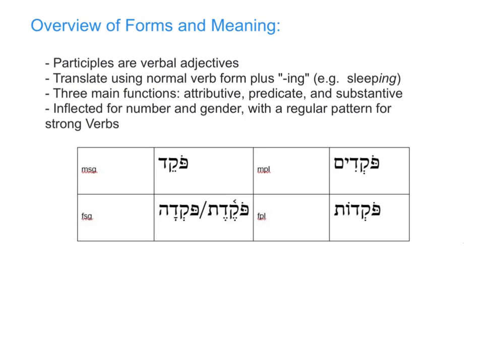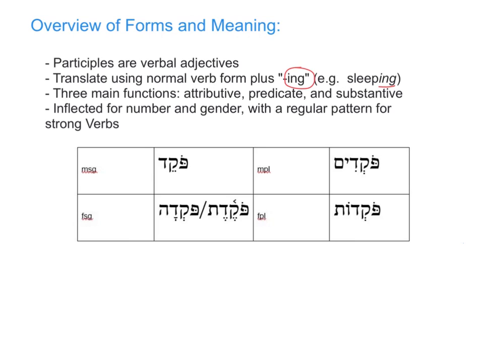Now, in English, we use participles all the time. We probably don't realize it, but most often in English, when we're dealing with any of these verbs that have an -ing ending, most often those are participles. So for our translations, when we're thinking of Hebrew participles and translating them into English, we're going to be using that -ing form, that -ing on the back end of a verb, as our helping morpheme.